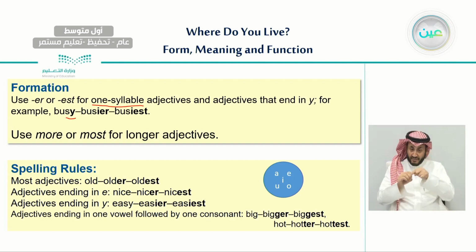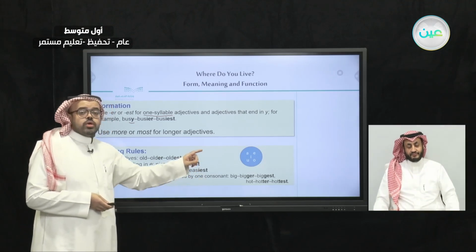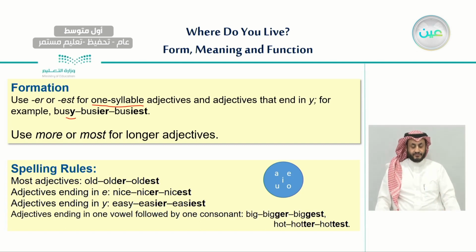So if a vowel comes before one consonant letter, we double the last letter. For example, this adjective is big. Here we can see the vowel followed by a consonant letter. So what do we do in this case? We double the consonant letter and it becomes bigger.